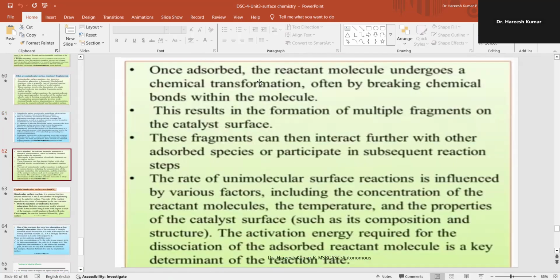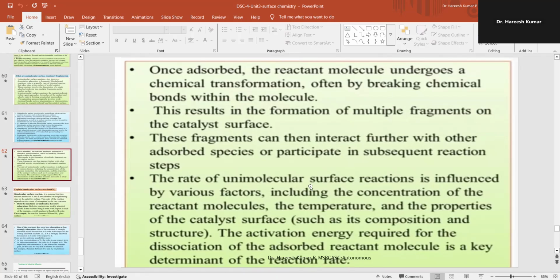On the next slide: once adsorbed, the reactant molecule undergoes a chemical transformation, often by breaking the chemical bonds within the molecule. This results in the formation of multiple fragments on the catalyst surface. These fragments can then interact further with other adsorbed species or participate in subsequent reaction steps.